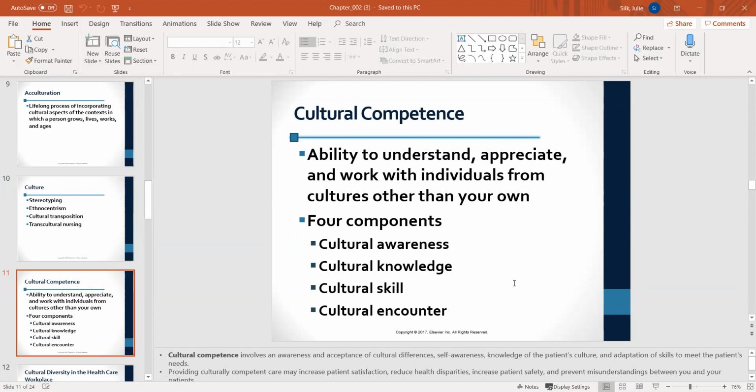And if we value everyone else's thinking, maybe we can get more accomplished with that patient if we give this type of care. So we need to have cultural awareness, cultural knowledge, cultural skill, and then they talk about cultural encounter here too.